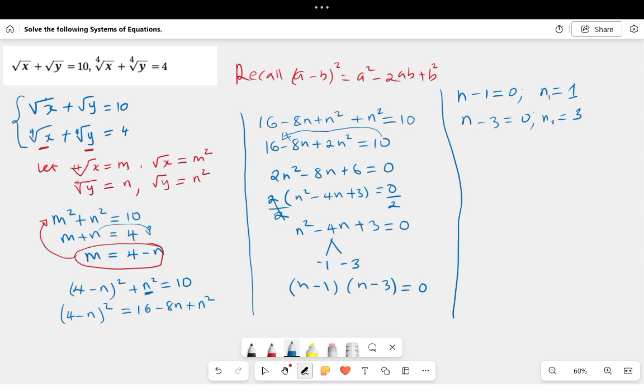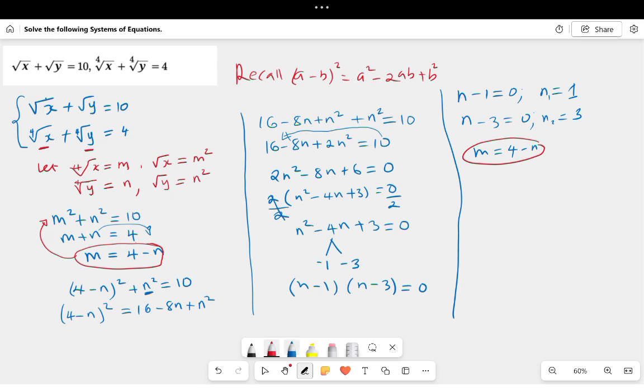Now, from the substitution that we had before, we found that m was equal to 4 minus n. This way, we are going to make the substitution now so that we find the values of m as well.